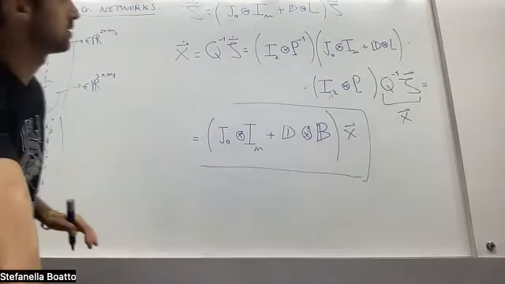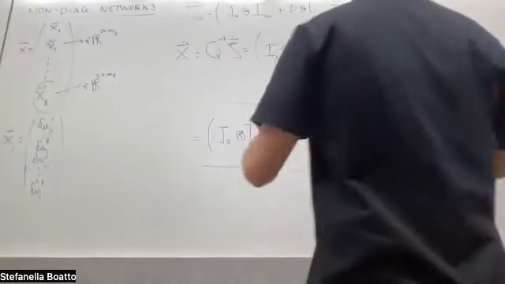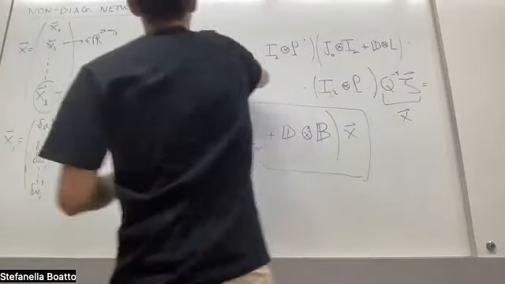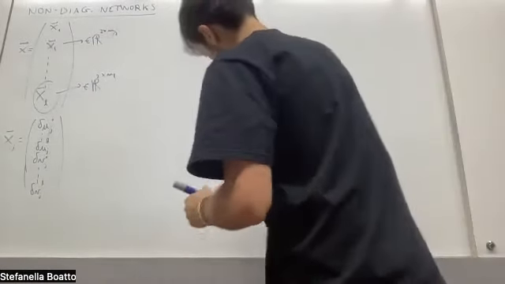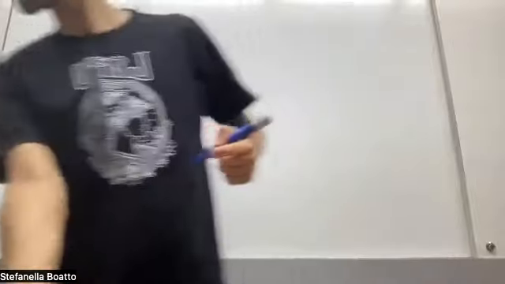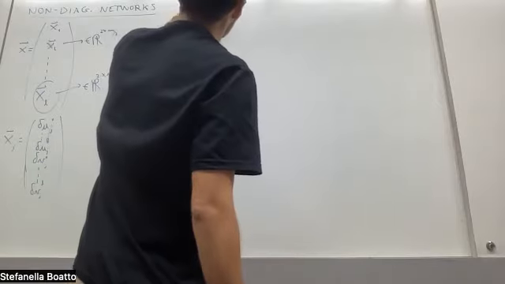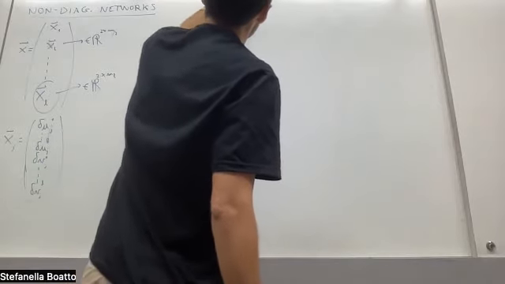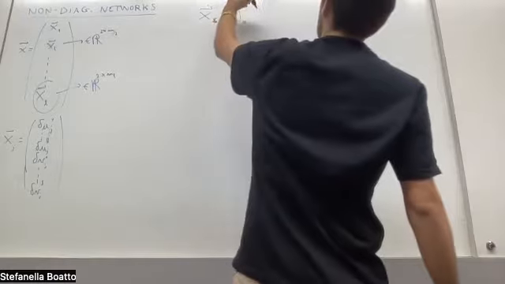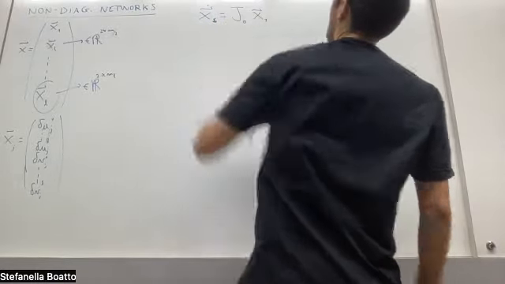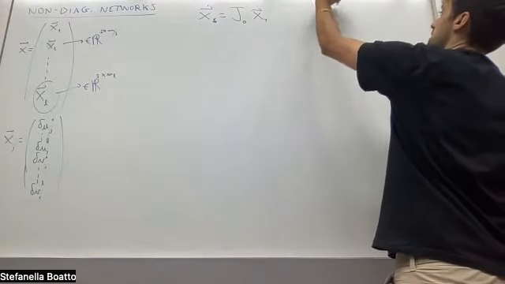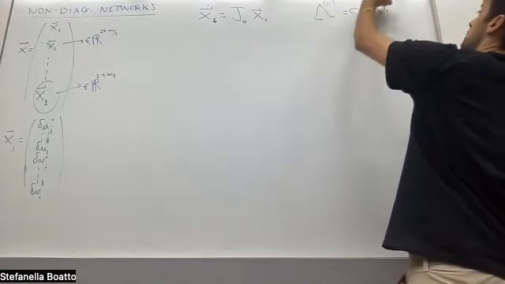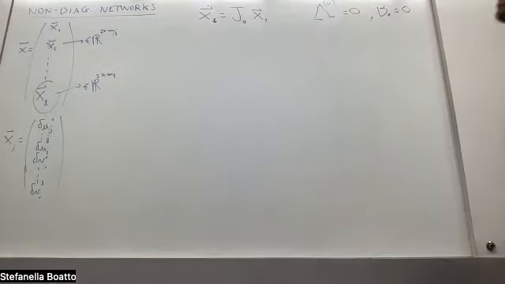Okay, so now we have that x1 is simply j0 x1, because lambda 0 is 0, and so b0 is 0.